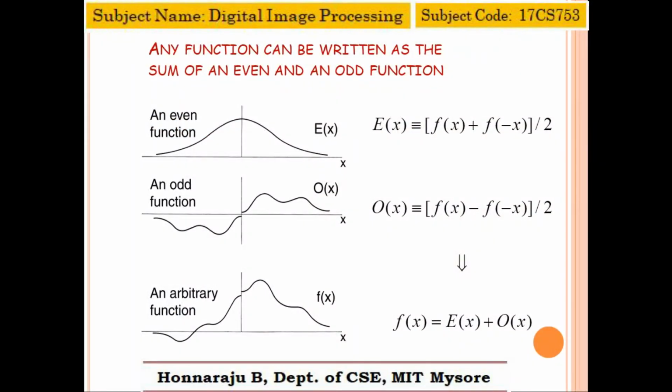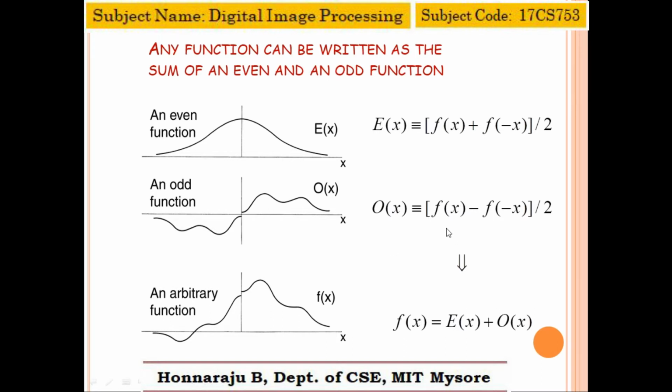So here the function is represented as even, odd and arbitrary functions. An even function is represented by E of x approximately equal to f of x plus f of minus x, divided by 2.